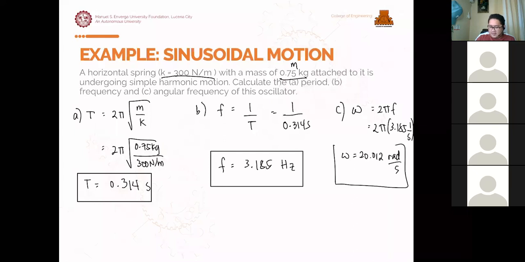So, yun ang unit ng frequency, ng angular frequency. Okay? Question for this problem? Wala po. Okay. I hope yung iba nakakasunod, no?